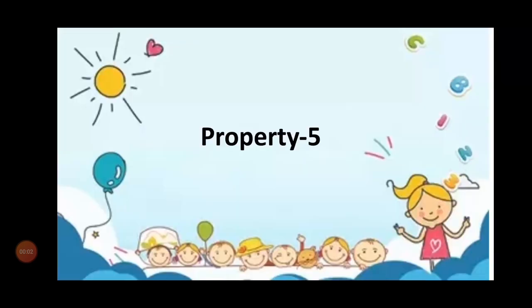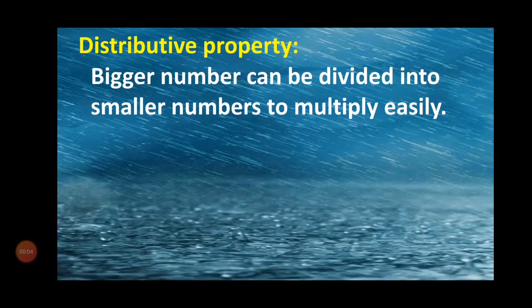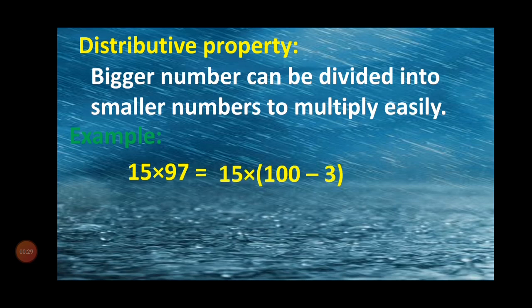Now the next one, property 5. Distributive property. That means the bigger number can be divided into smaller numbers to multiply easily. For example, 15 into 97. 15 into 97 is equal to 15 into 100 minus 3.